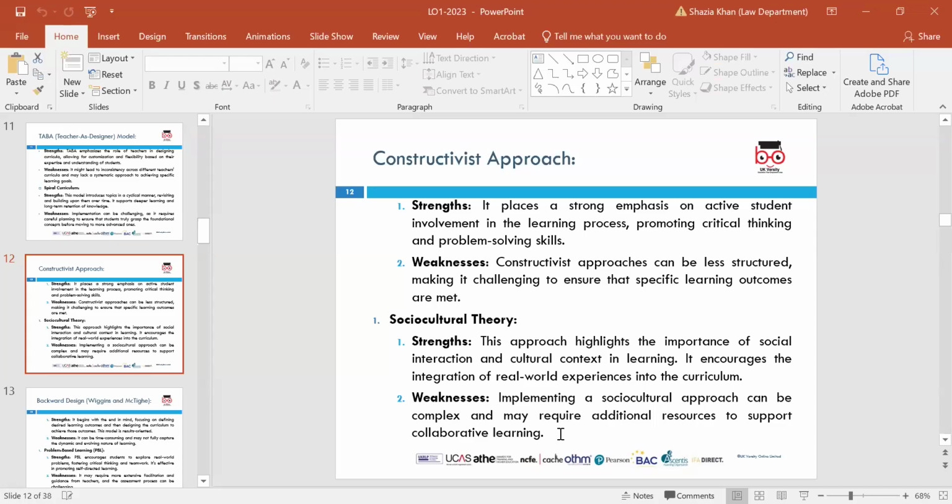The sociocultural theories approach is important because it highlights the importance of social interaction and cultural context in learning, and encourages integration of real-world experiences into the curricula. Weaknesses: implementing a sociocultural approach can be complex and may require additional resources to support collaborative learning.